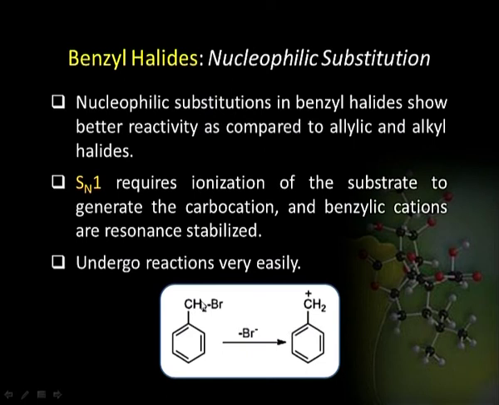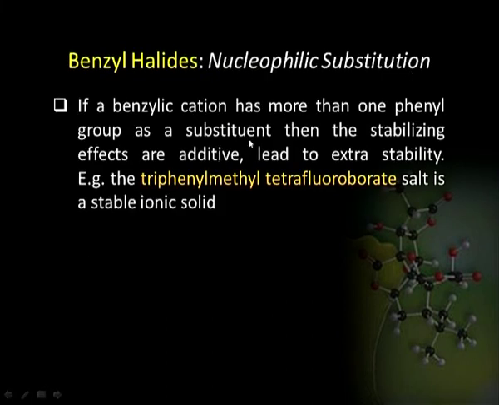So, this is benzyl bromide which loses the bromide and gives this cation, as we saw in the case of alkyl halides. This positive ion gets stabilized by the resonating structures which are due to the presence of this benzene ring. If a benzylic cation has more than one phenyl group as a substituent, then the stabilizing effects are additive and they lead to extra stability.